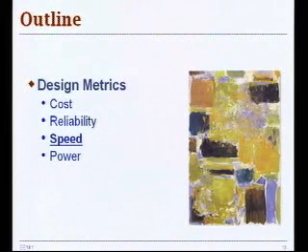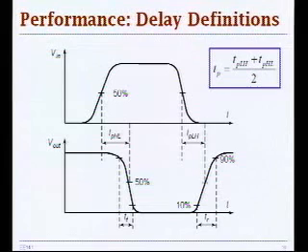So then we started talking about the speed, which we'll finish today. And we said that the performance of a gate can be quantified in terms of propagation delay, and we defined propagation delay between 50% transition points on input and output voltage waveforms, and this 50% is motivated by that switching threshold that we saw a few slides back.